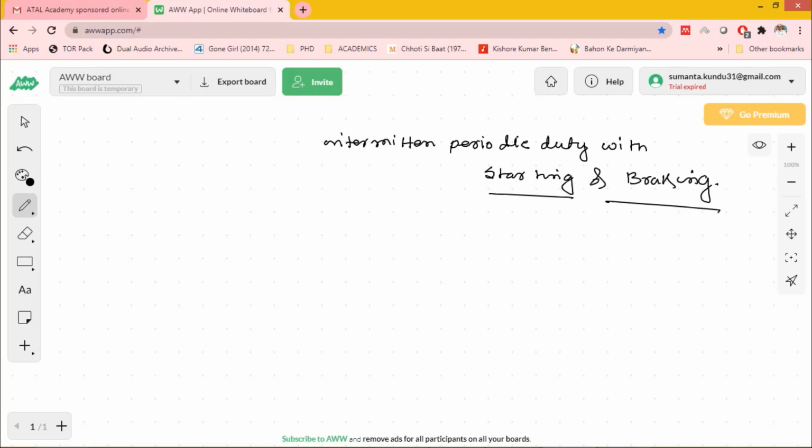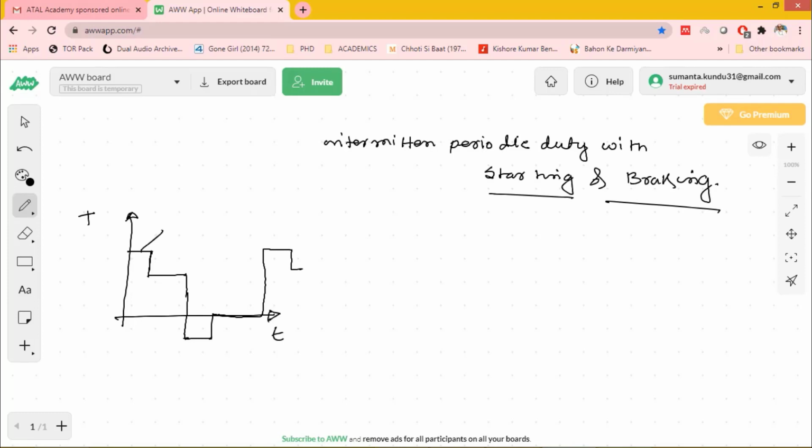The braking I have not considered in the previous duty. So what should be the torque versus time curve? There is a starting torque, and there is a constant running torque, then there is a braking torque, then there is a rest period, and the cycle will repeat.